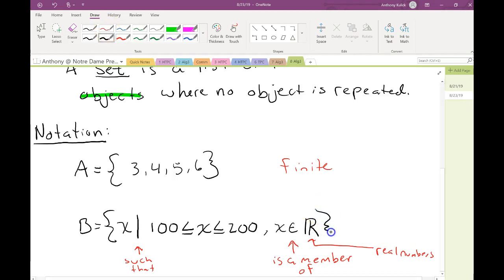And then I'll close my set. And this is an example, again, of an infinite set.